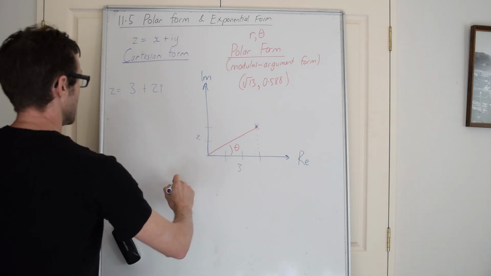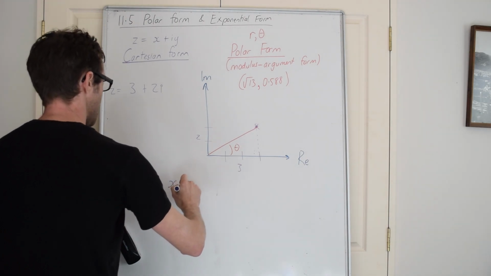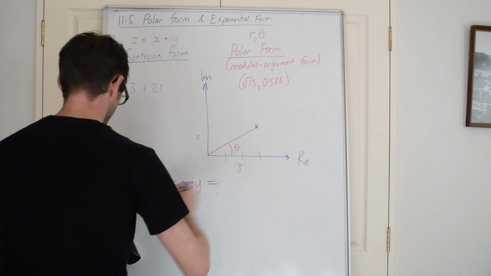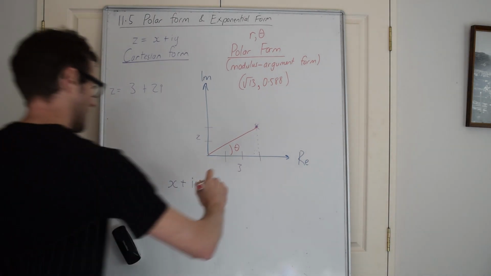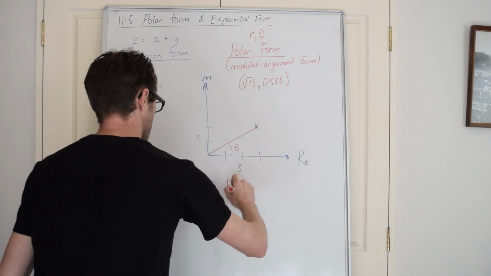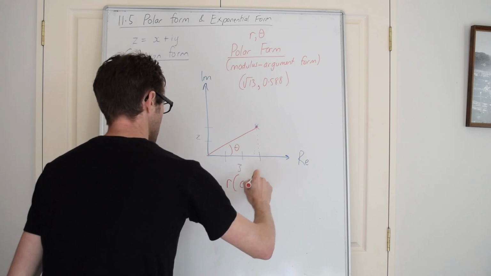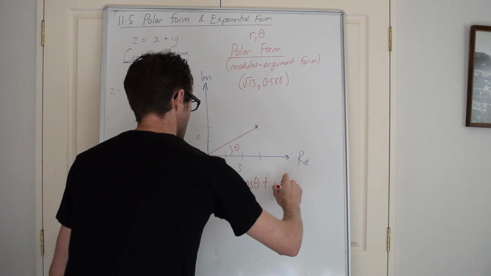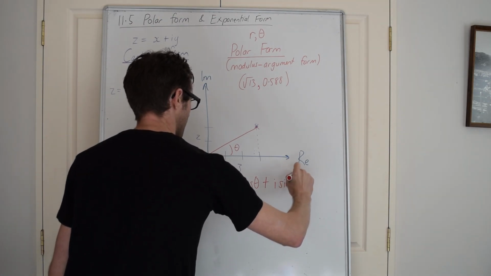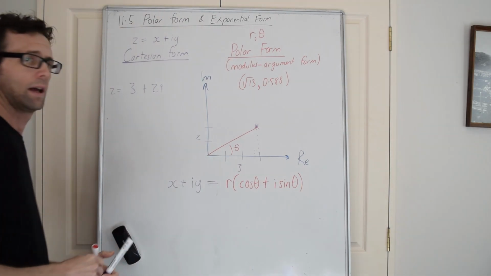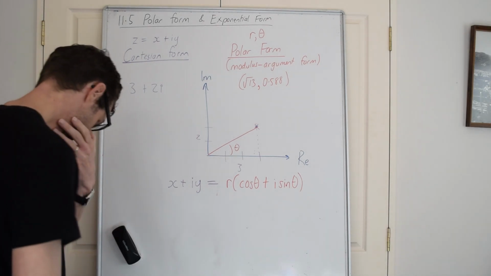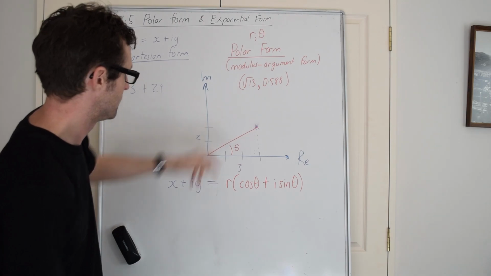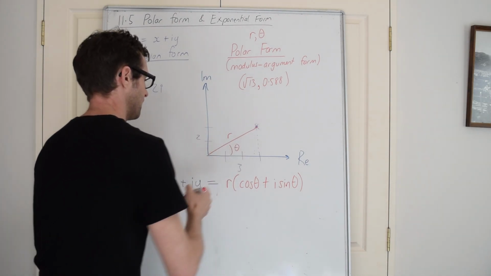We can say that x plus iy is equal to r bracket cosine theta plus i sine theta. You might be wondering, how the heck does that work? Well, okay. R is this length here.